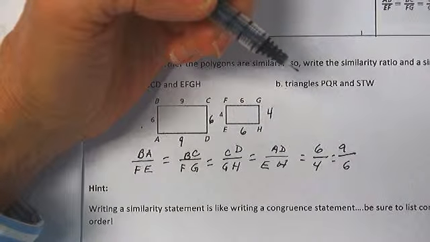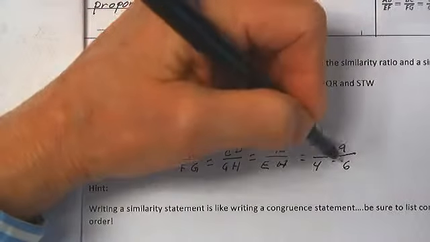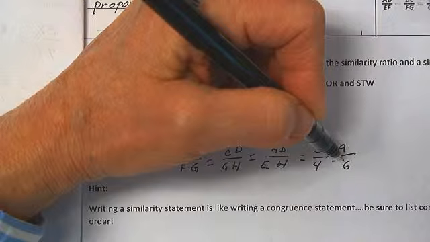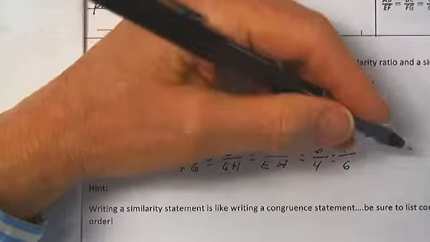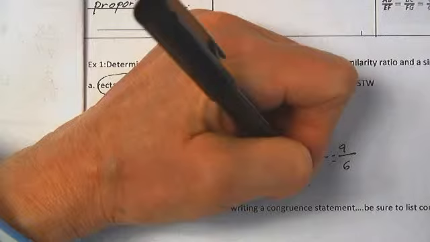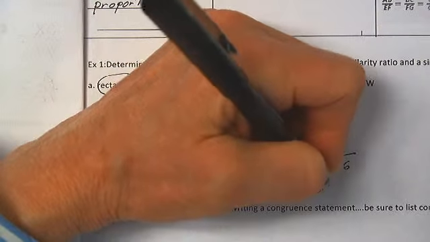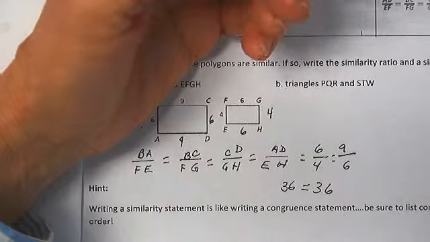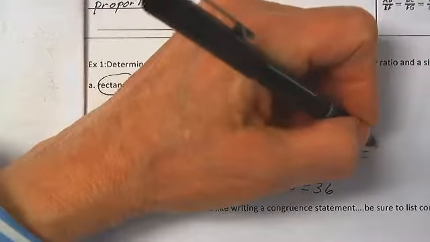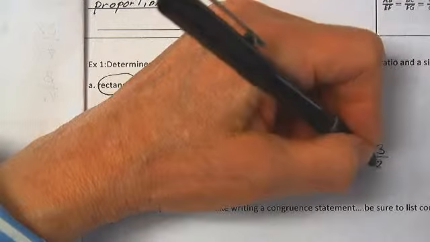How can we check? We could reduce both fractions using the calculator, or we could just cross multiply, which in this case is easier. 36 is equal to 36, so the scale factor is 3 to 2.